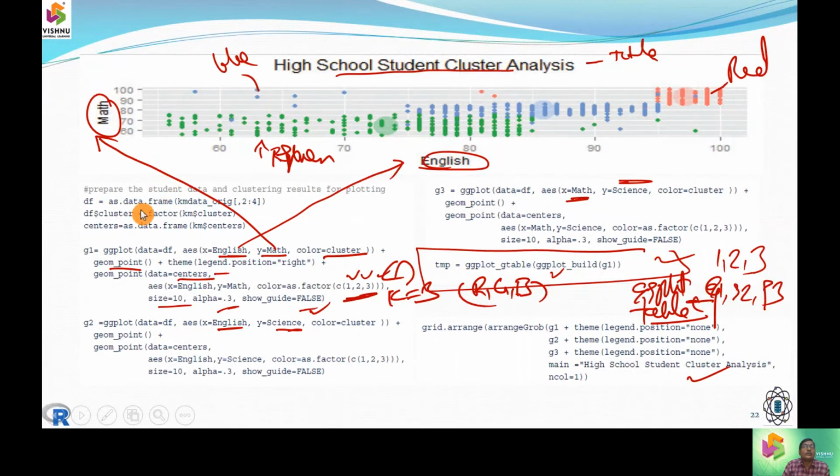Now we are going to define the data frame. In this data frame, we take the factors of columns 2 to 4, and for each and every item we bring up the clusters. Let us select the very first one. We take the x-axis, the y-axis, and then point out the colors as a factor with colors 1, 2, 3. 1 indicates red, 2 indicates green, 3 indicates blue.